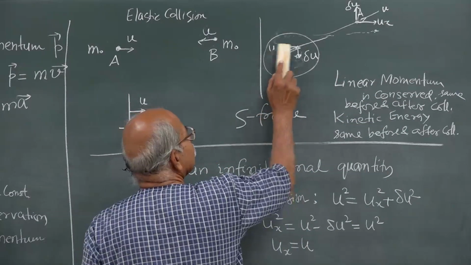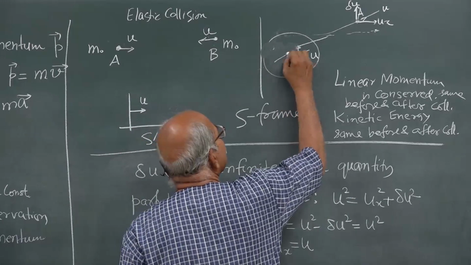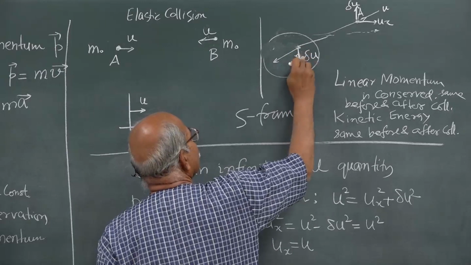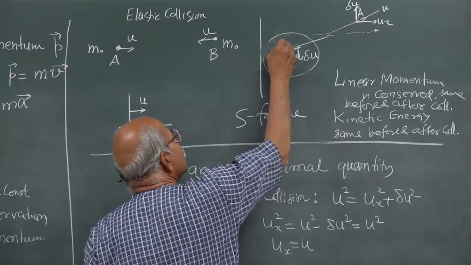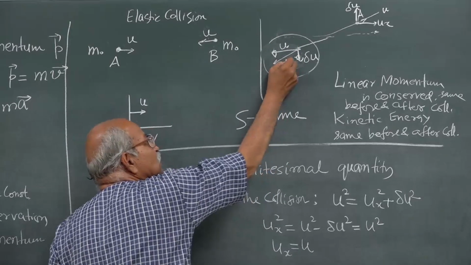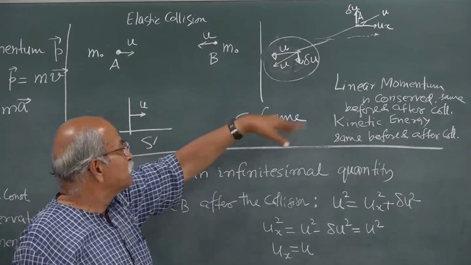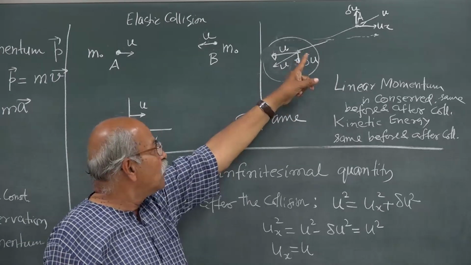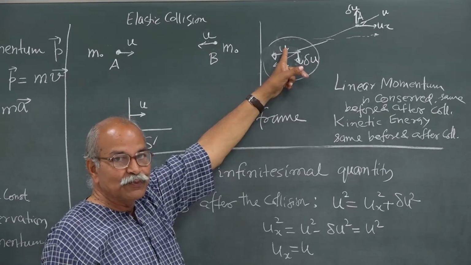Let me write that. Here I have this particle going in this direction, there is a small y component which is delta u, and the x component still remains u, and this speed is also u. It may look very peculiar, but remember delta u is a first order small quantity as compared to u.